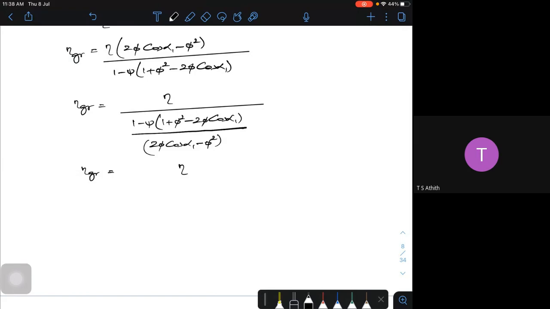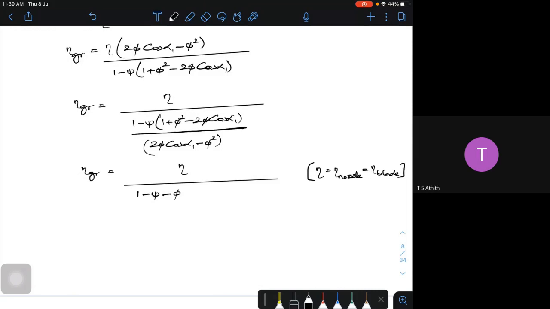Here efficiency means the efficiency of the nozzle or blade. You have to be very careful. The whole thing is divided by 1 minus psi, I'm just opening the bracket, 1 minus psi, so psi into plus, then plus into minus is minus, psi into phi square.